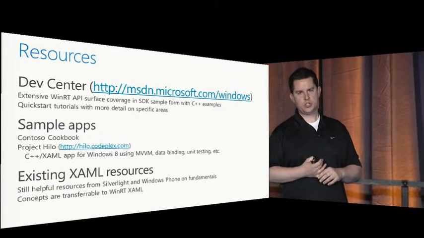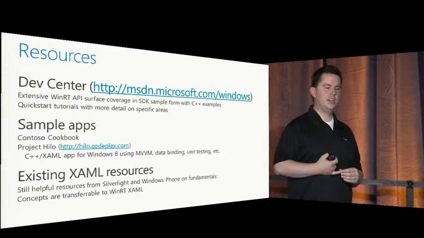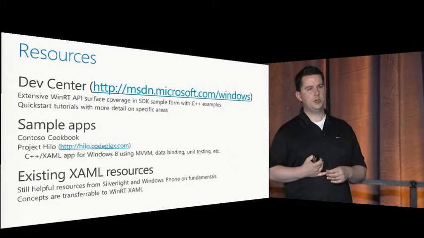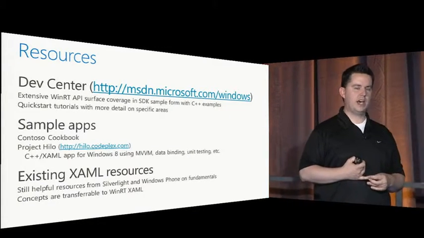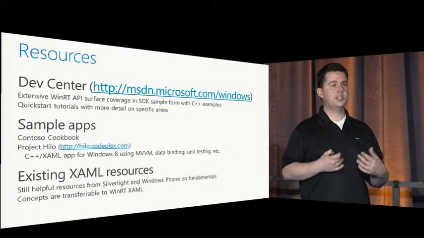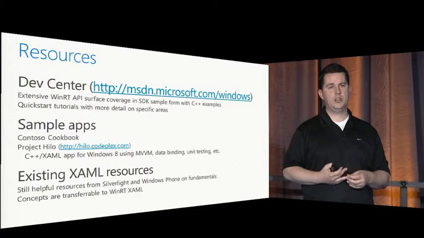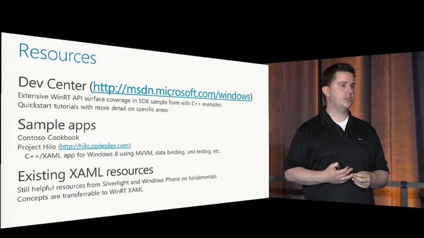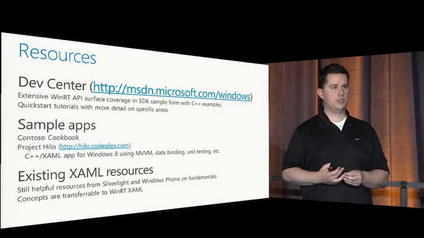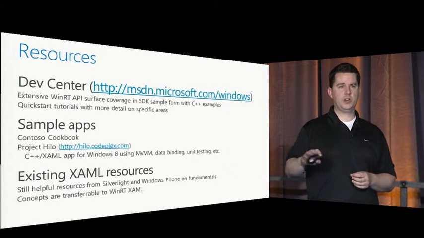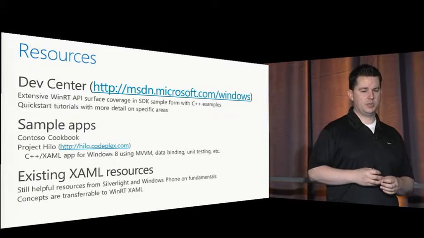There are some really great resources for C++ developers. On the Dev Center, all the SDK samples for XAML usually have the C++ counterparts. We're continually improving our coverage on the SDK samples. And when we do the release preview in a couple weeks, you'll see new samples and enhanced coverage on C++ as well across the board, not only for XAML, but across the Windows system as well.